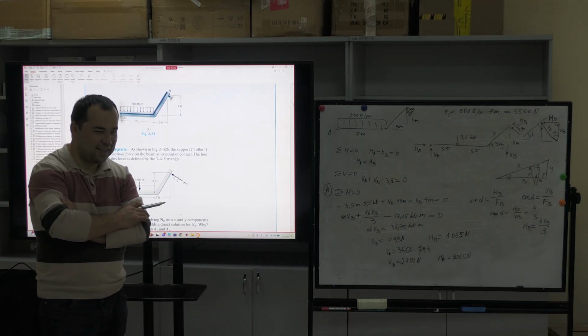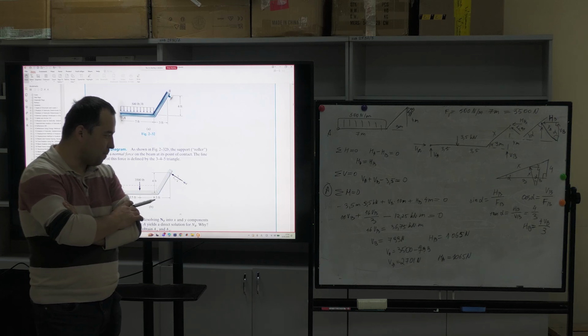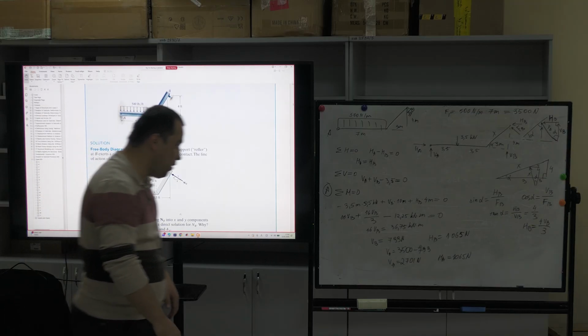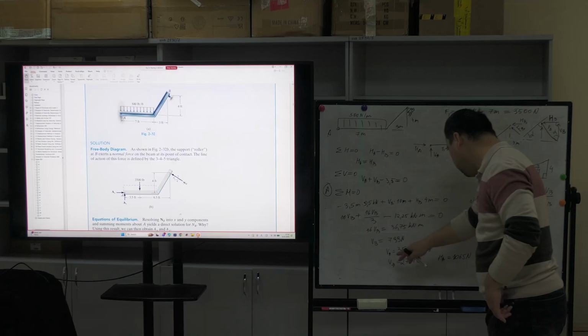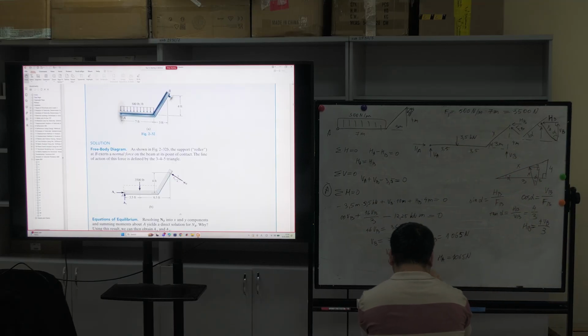Household. Yes. Frame structure. Frame, yeah. Okay. If we have VA and HA, we can find F. If we have HB and VB, we can find what? FB.